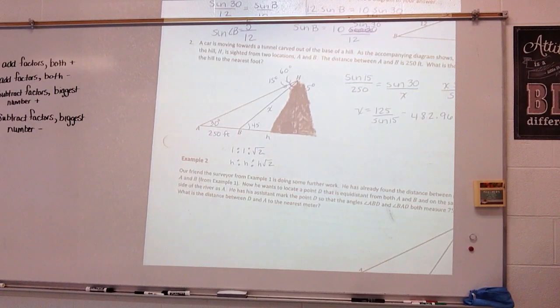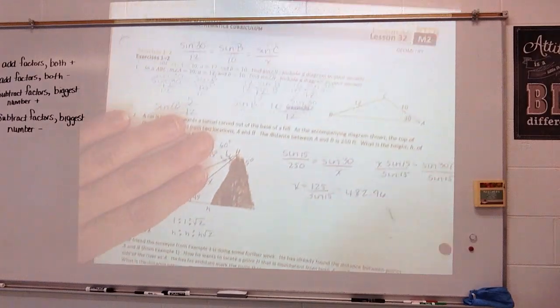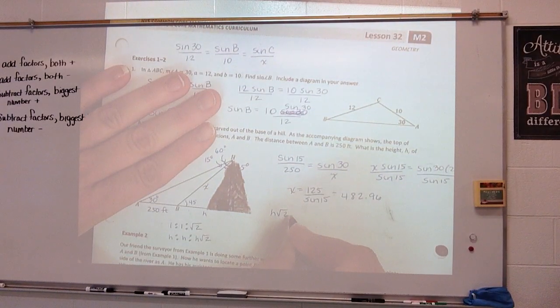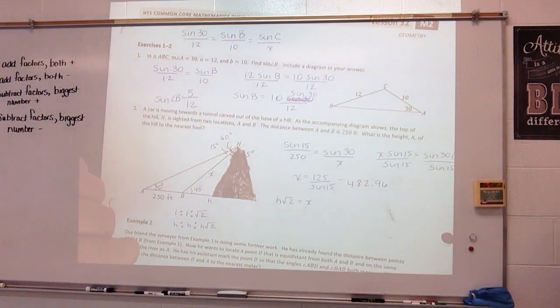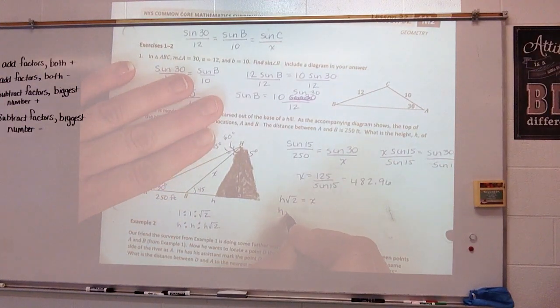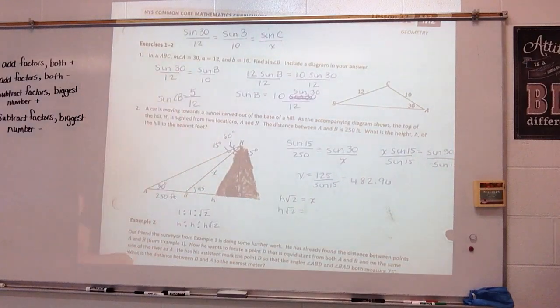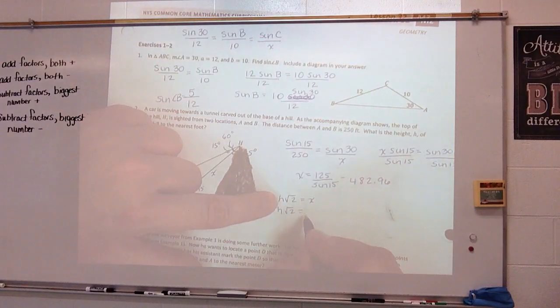So I'm going to set it up as H square root of 2 is equal to X. So I have H square root of 2 is equal to, now if you remember, X was 125 over the sine of 15.